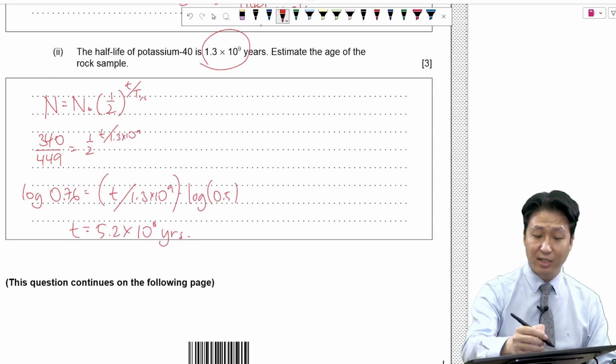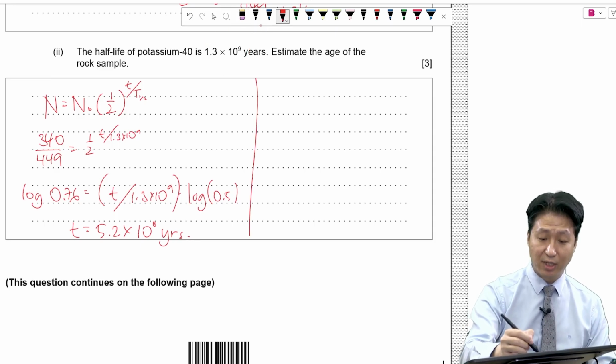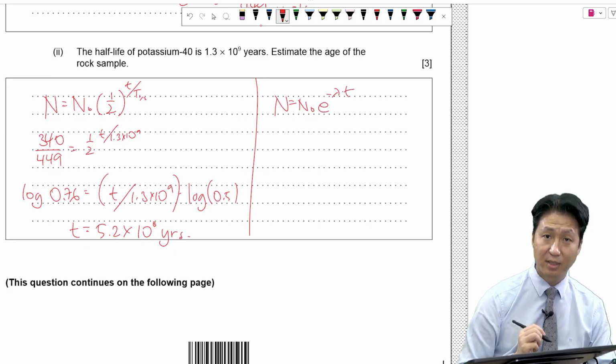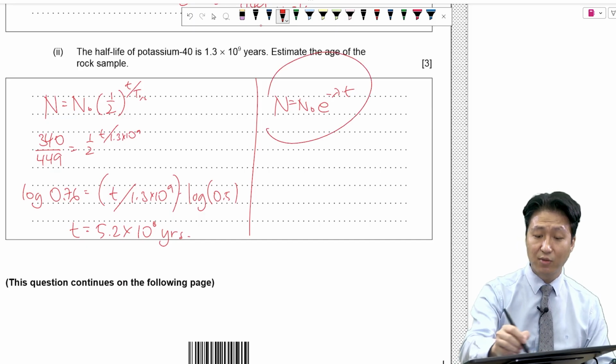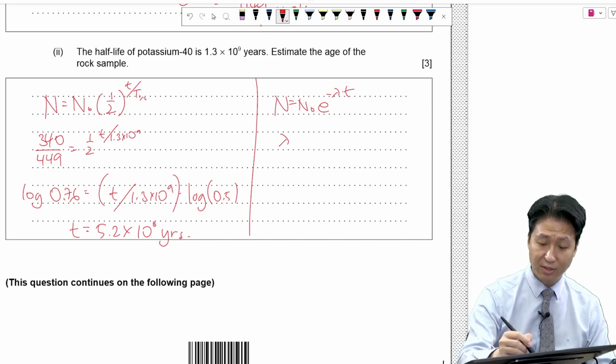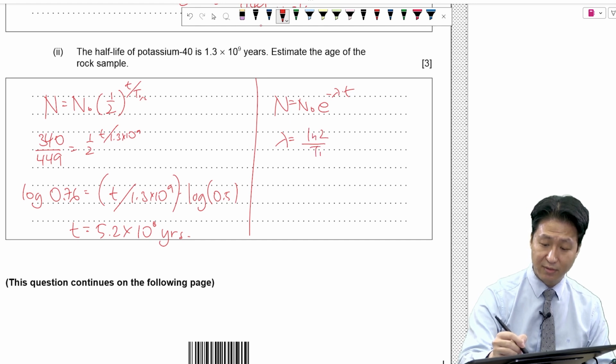If you were so inclined, you can use the higher level equation. It's basically the same thing, except it's e to the power of negative the decay constant times t. Using this equation just causes you to have an additional step where you have to find the decay constant as being the natural log of 2 over the half-life.